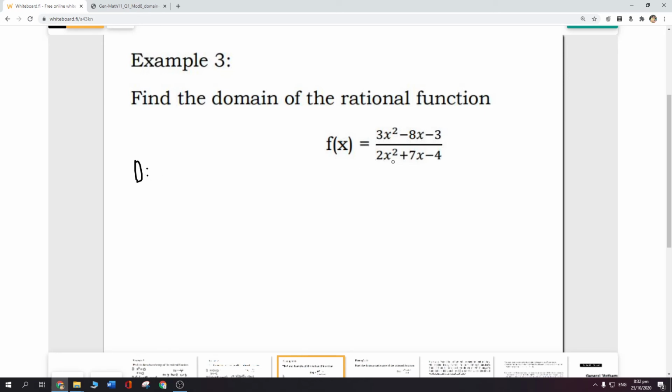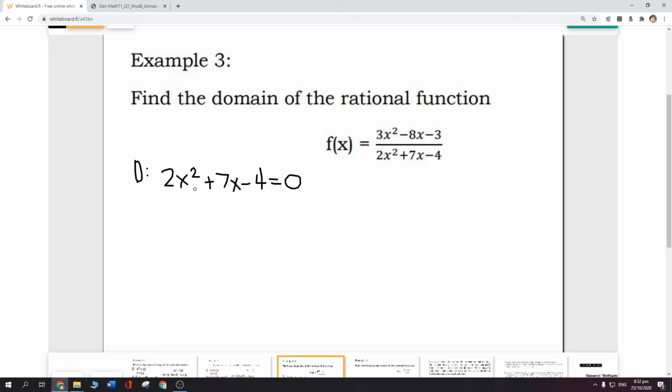Then we will take our denominator, 2x squared plus 7x minus 4, equal to 0.